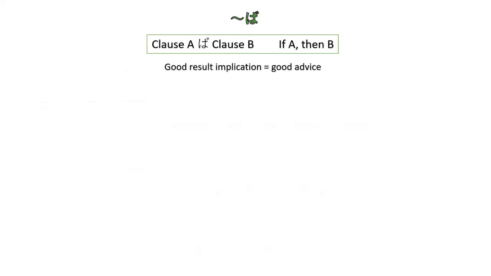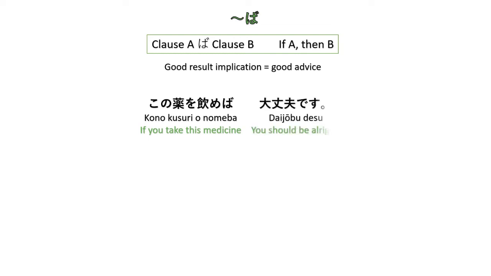Since this pattern implies a good result, it is usually used as good advice for A. Kono kusuri o nomeba, if you take this medicine, daijoubu desu. Kono kusuri o nomeba daijoubu desu. If you take this medicine, you should be alright. So here we use words like daijoubu as a sort of giving good advice.